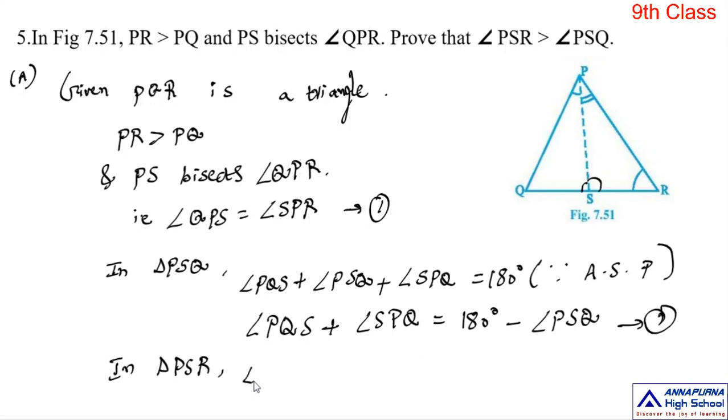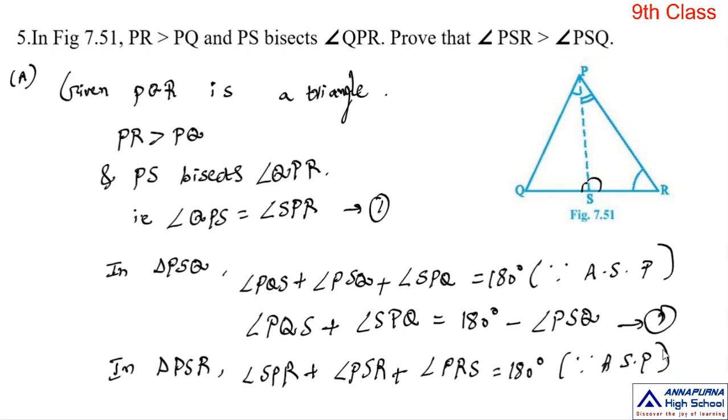So angle SPR plus angle PSR plus angle PRS is equal to 180 degrees, by using the angle sum property.